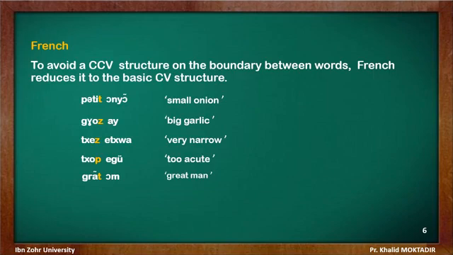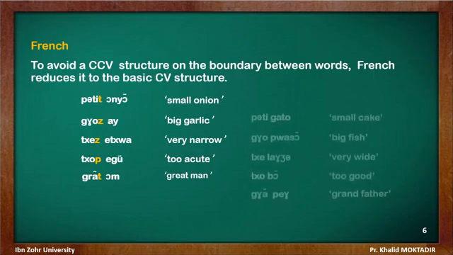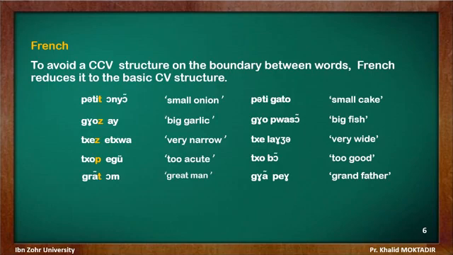So if we look at the CV structure of the words, we have the CV pattern at the word boundaries. So no problem here, the consonants are not dropped. Now, however, when the next word in each pair begins with a consonant, the last consonant of the first word is dropped.